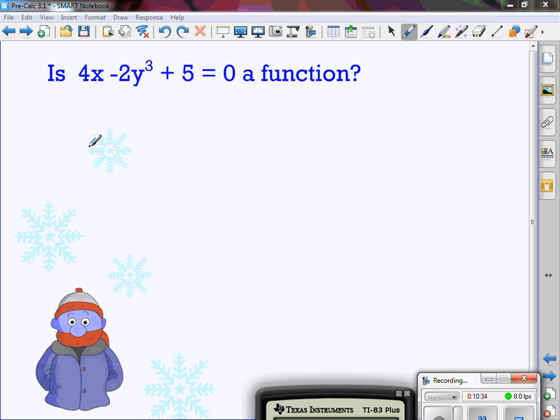What do I have to do first? Subtract the 5 and subtract the 4x. Negative 2y cubed equals negative 4x minus 5. Next, divide everything by negative 2.